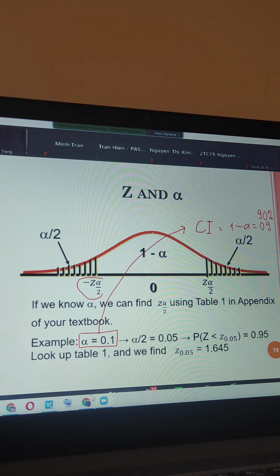Actually, you can find the value from the left-hand side. This is the probability when z is smaller than minus z alpha over 2. What is the area of the shaded region on the left-hand side, class?